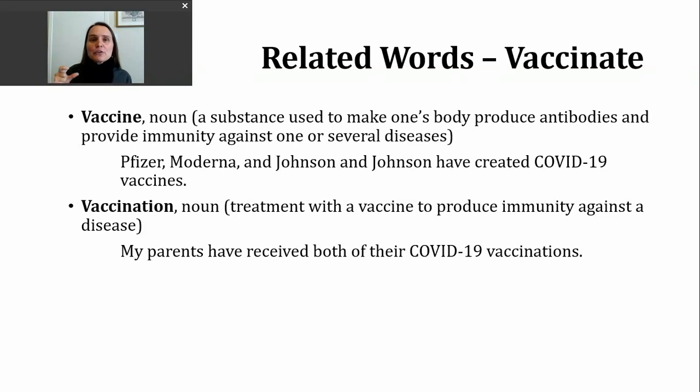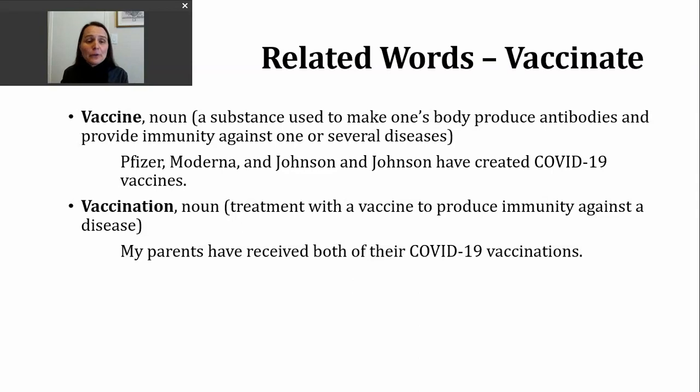If you think of the little vial where that substance or liquid is, that's the vaccine. And once it's been put into your shoulder, at that point, it becomes a vaccination. So that's the process of administering that treatment or substance and introducing it into your body.